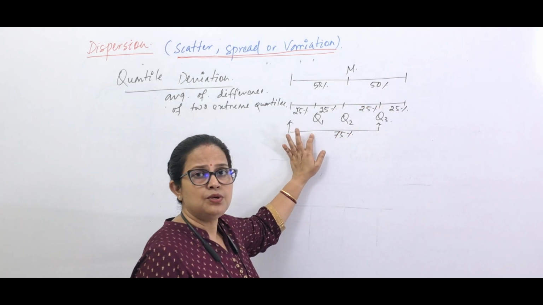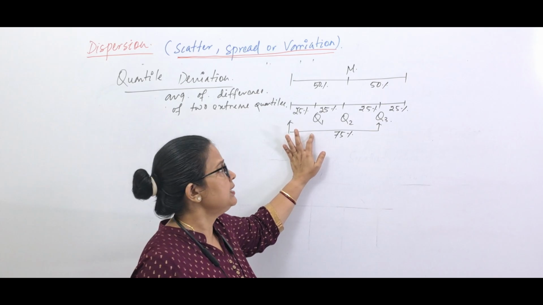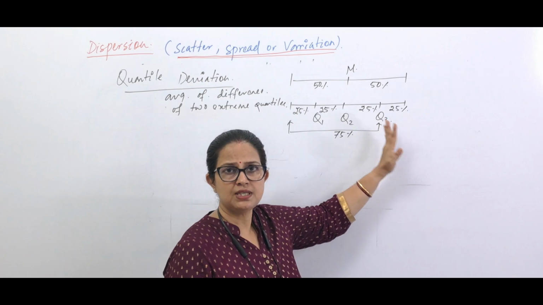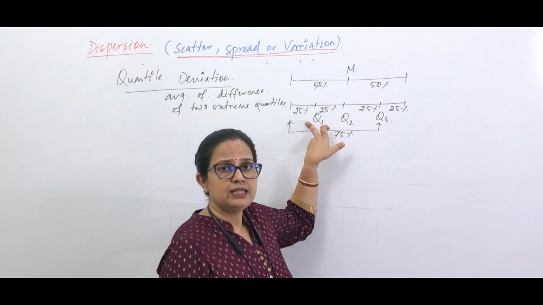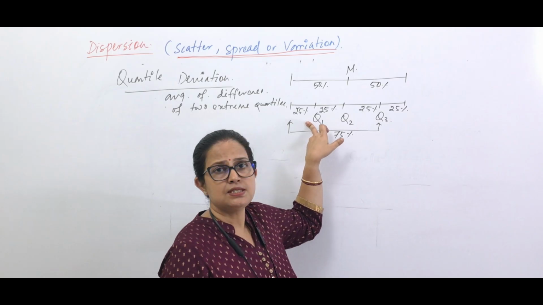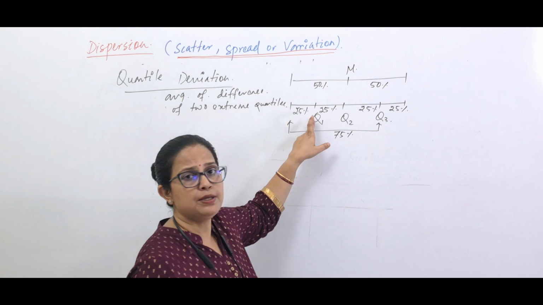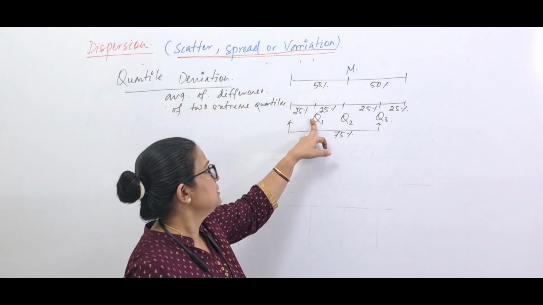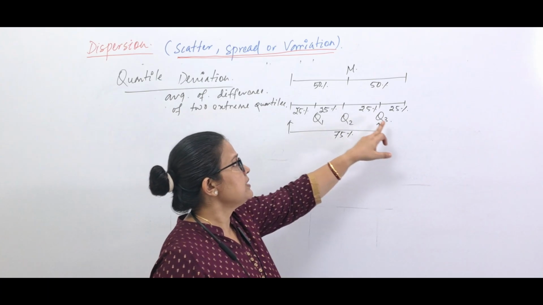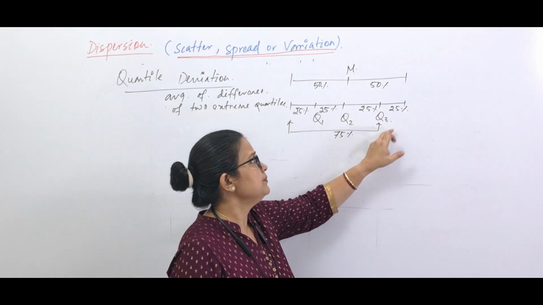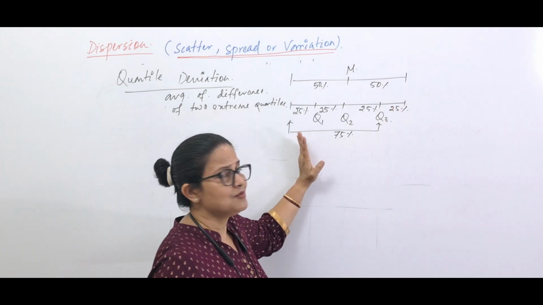What is the role of quartile? Quartile means 4. If you divide anything into 4 parts, we can say that is a quartile. Like that, quartiles also divide the series into 4 parts. The first 25% is called Q1, then 50% is called Q2, 75% is called Q3, and this is 100%. So what are the extreme quartiles?